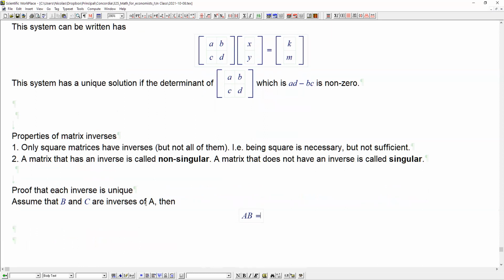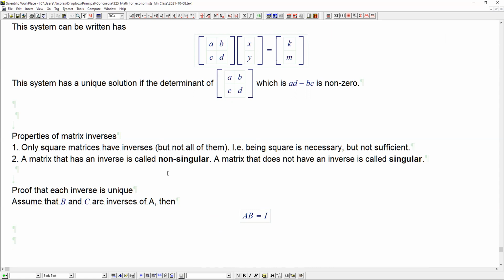If B is an inverse of A, then A times B equals, oh, it's hard. If B is an inverse of A, then, okay, A times A minus 1 equals what? It'll give us an identity matrix. Yes, thank you, identity matrix.